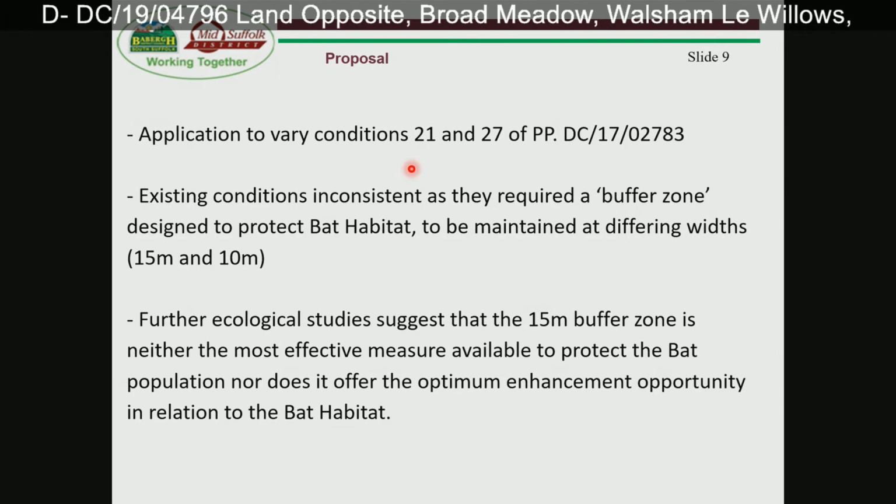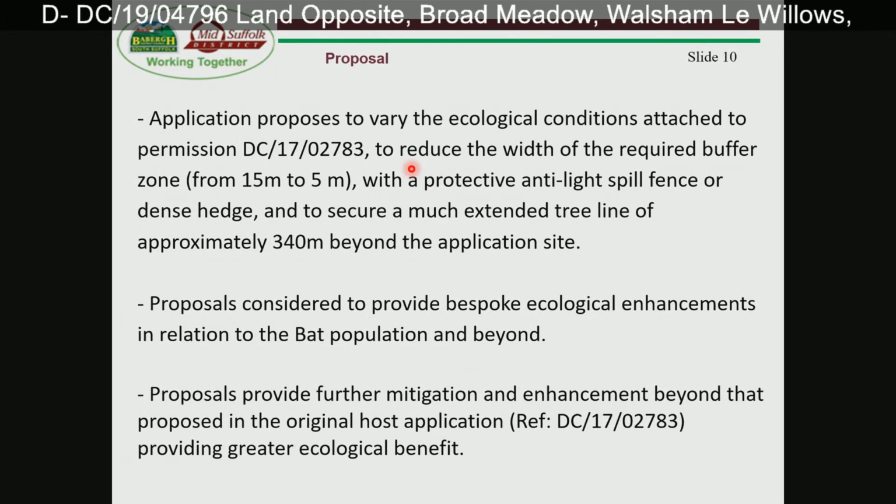So we're looking to improve that. The application proposes to vary the ecological conditions, again attached to that outline permission, from 15 metres to 5 metres, with the addition of the protected anti-light spill fence or dense hedge, and that will secure the extension to the protected tree line, as I've mentioned before.